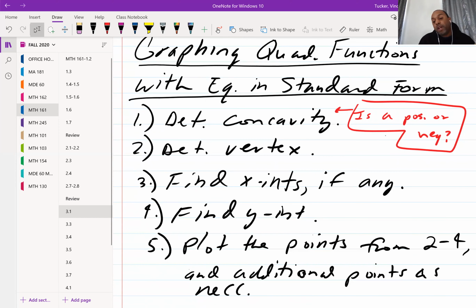So basically, the more points you plot, the more accurate you will be. If you want to create more accuracy, then you would choose more values for x, plug them in, and find the corresponding y values. Once again, the more points you have, the more accurate your sketch will be.